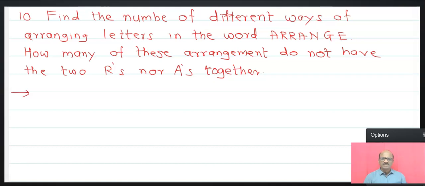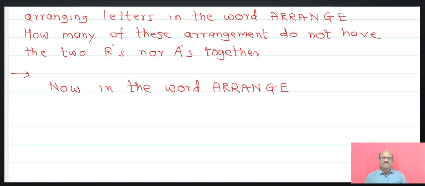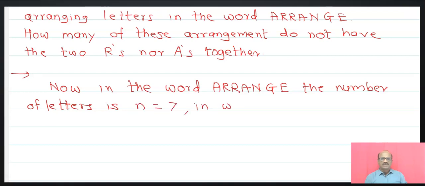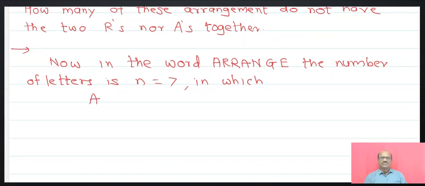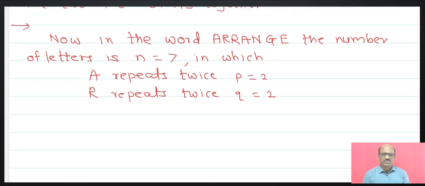Now, let's see this here. In the word ARRANGE, the number of letters is n is equal to 7, in which A repeats twice, that is p is equal to 2, R repeats twice, q is equal to 2.